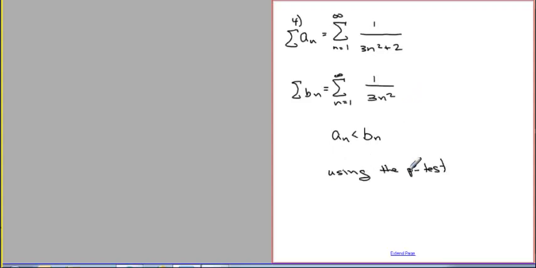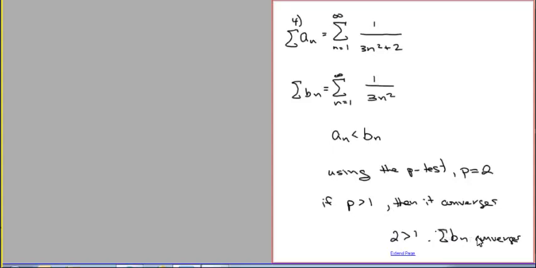p is equal to 2, and what we know is that if p is greater than 1, then it converges. In this case, p is greater than 1, since 2 is greater than 1. Therefore, the infinite series b sub n converges.